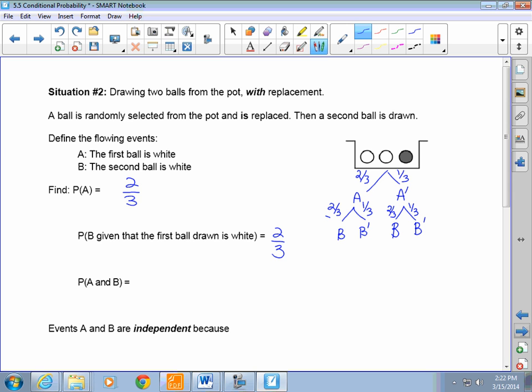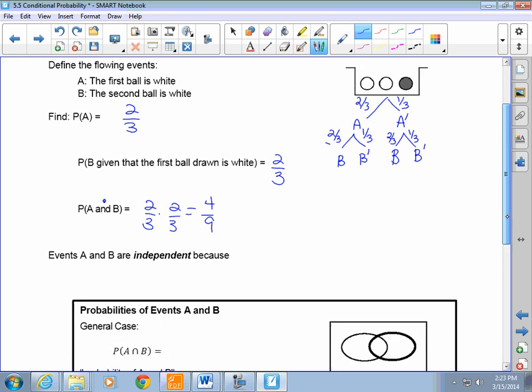Probability of A and B: I have 2/3 times 2/3, remember that "and" means multiply, which is 4/9. So events A and B are independent because what you did in the first one didn't have any impact on what the result was in the second one.